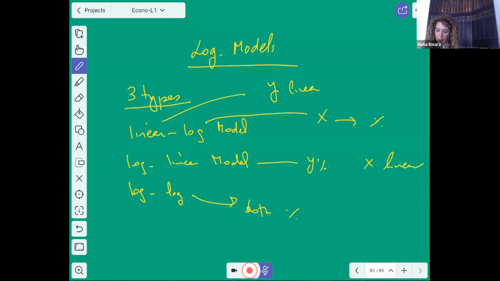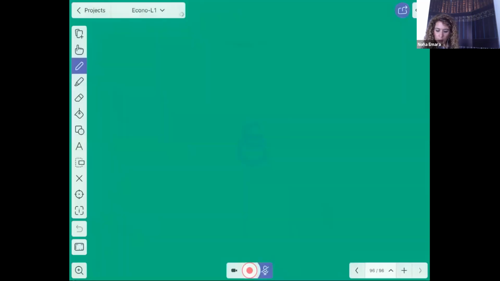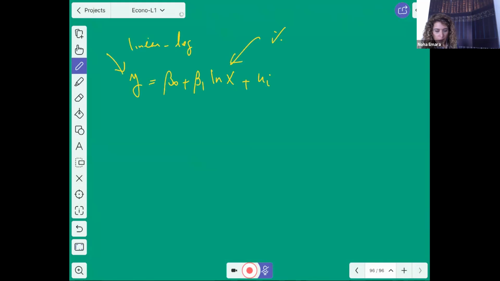Let's start with the linear log. A linear log model would be like this: y equals beta naught plus beta 1 log x plus u i. So x is in percentages, y is, let's say, any unit. Could be dollars, could be miles, could be cents, anything but not percent.